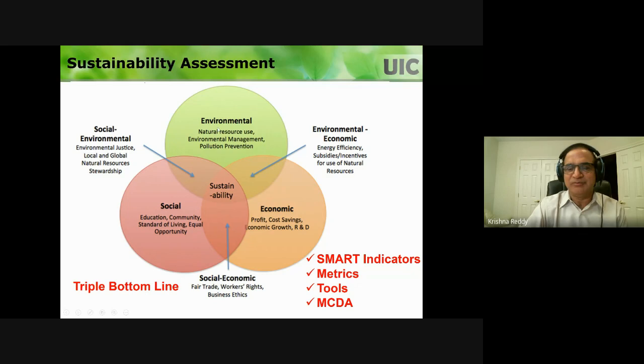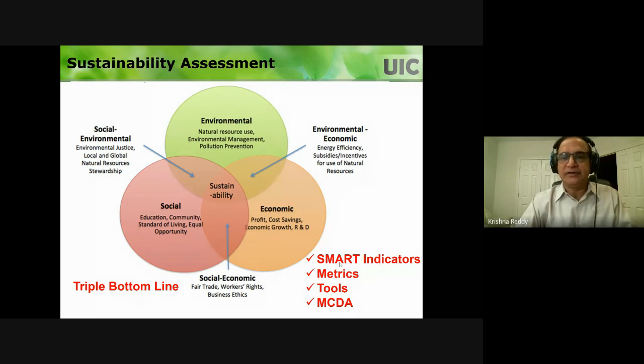For example, for carbon footprint, you have CO2 equivalent, that's a metric. And then we have a lot of carbon footprint analyzers that can be used to calculate the carbon footprint. So that's kind of a tool, right? Carbon footprint analyzer is a tool.